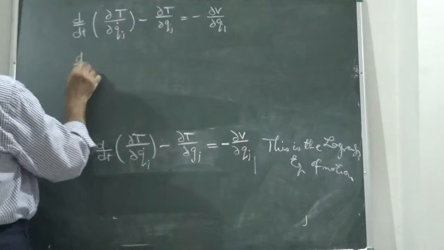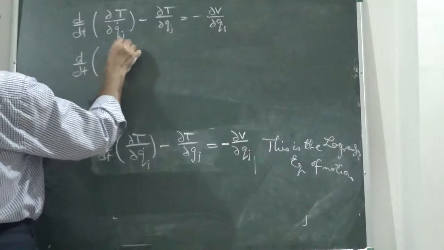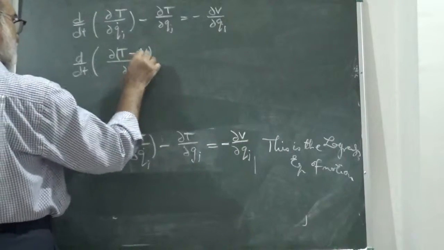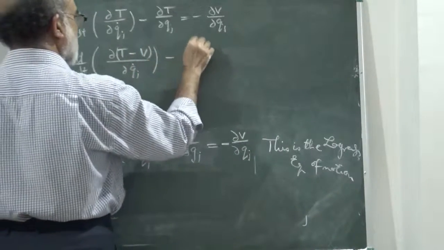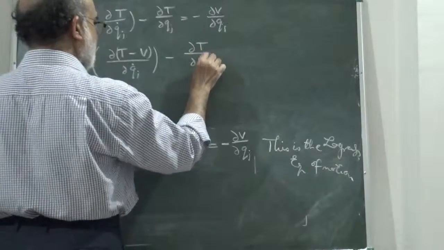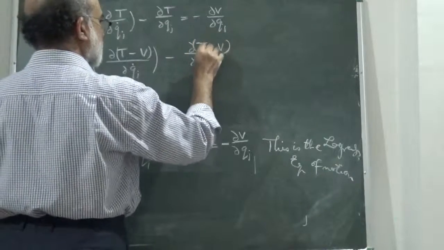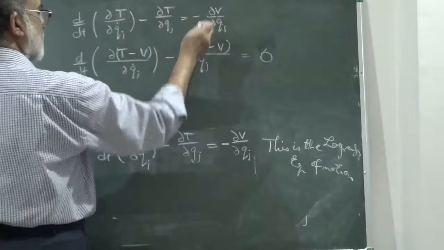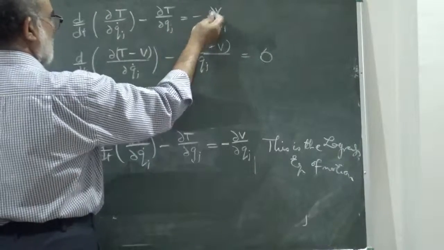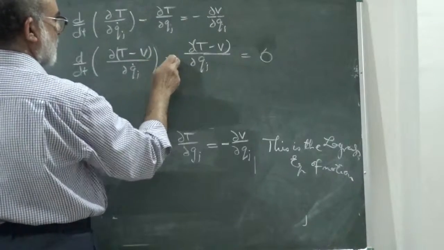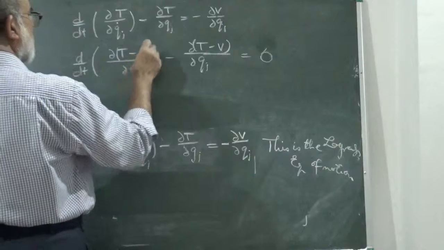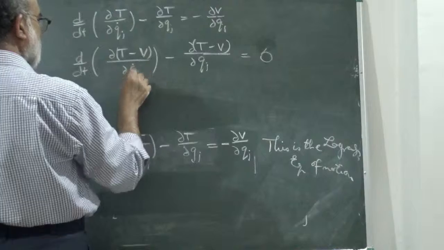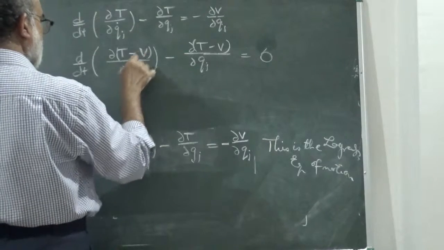You can write that T minus V, minus delta T minus V is equal to 0. So it's a plus here and minus sign second order, so it's minus here. You just simply write here, because delta V by delta qj dot will be 0, because potential V depends only on position, not on velocity.